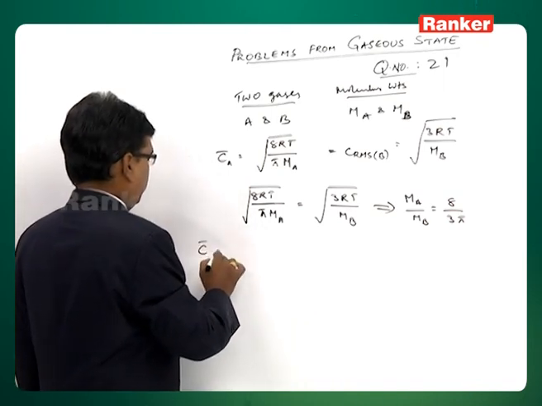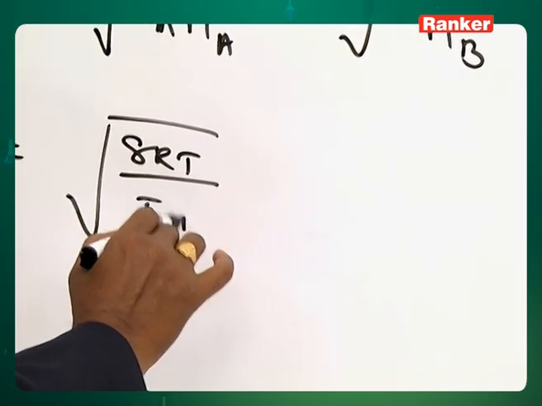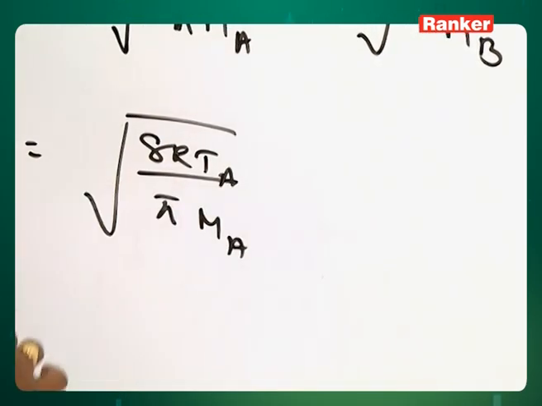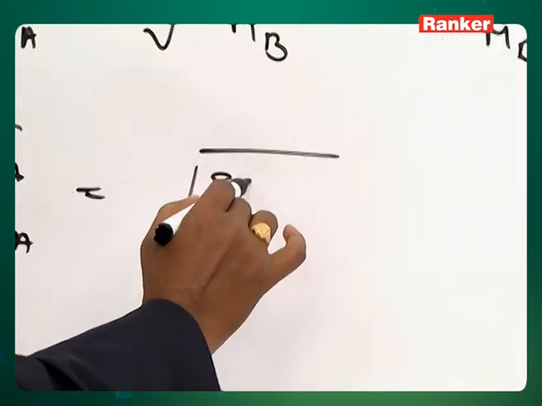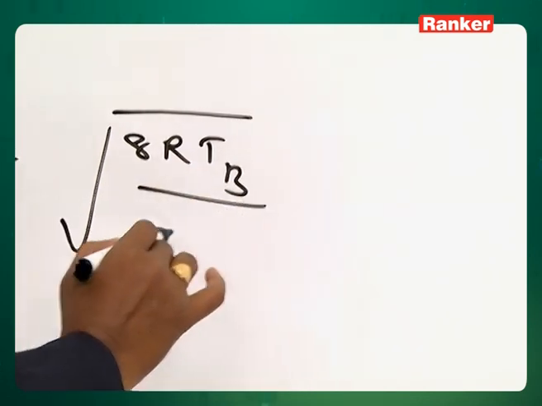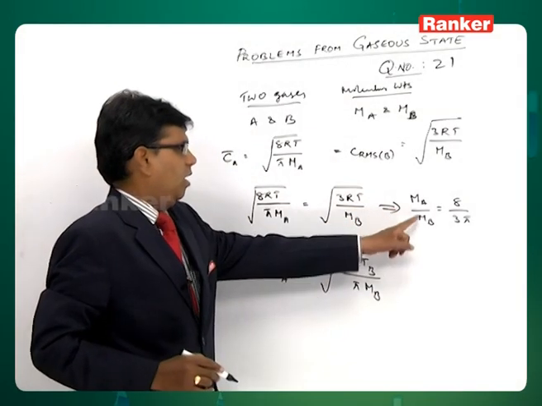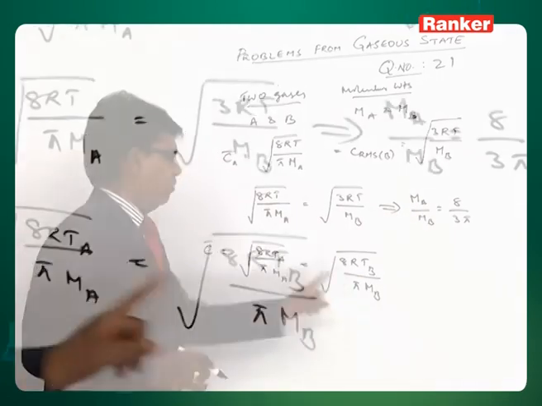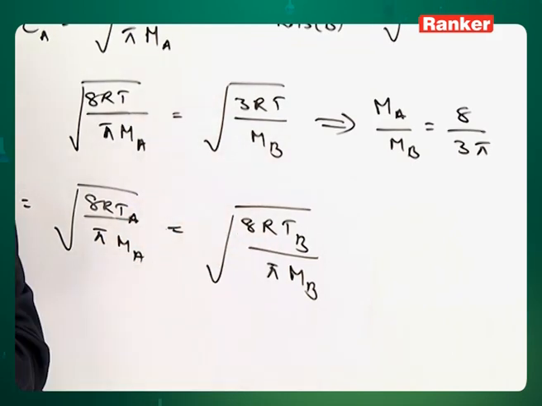Average velocities, this is of course 8 RT by pi Ma, must be equal to 8 RTB by pi Mb. Now, this Ma Mb relation we already got. So, if you take that in any one, then the Ta Tb relation also you can easily understand.